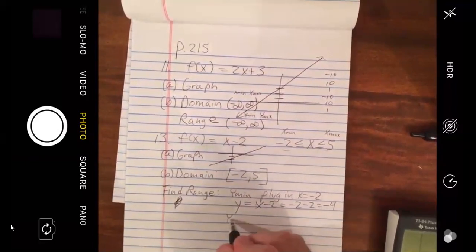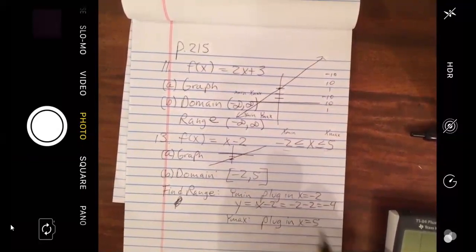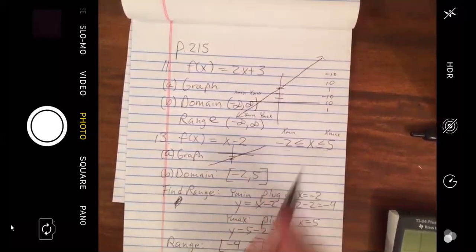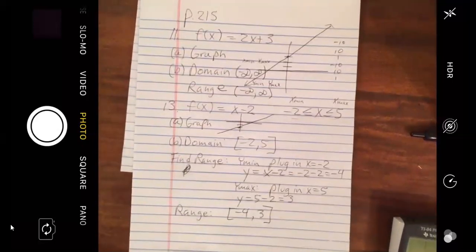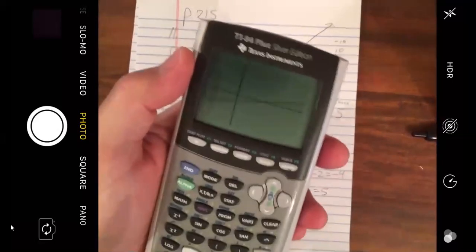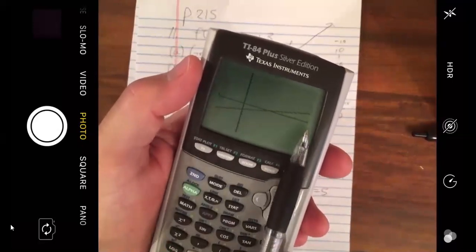Okay, so for y max, I'm going to plug in x equals 5. So y equals 5 minus 2, which is 3. And my range will run from negative 4 up to 3, again with brackets because we had or equal to's. You can almost see that from the graph. Negative 4 on the y is down here, and it's running up to positive 3.